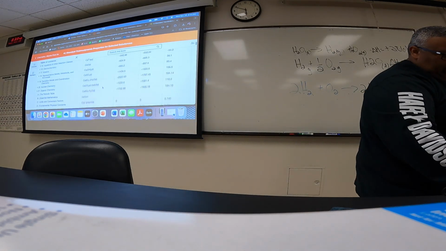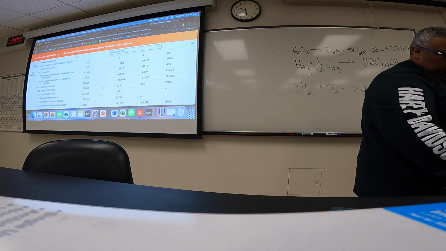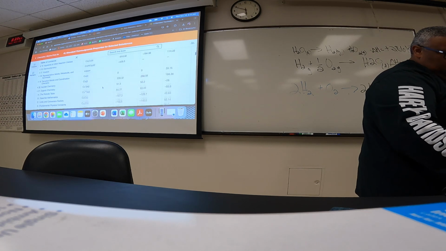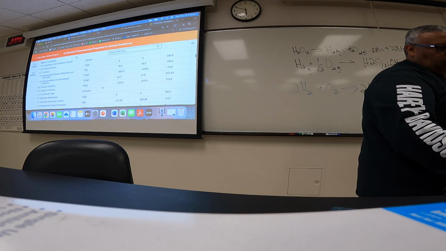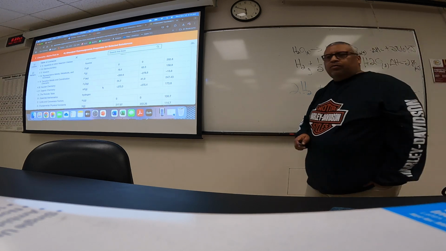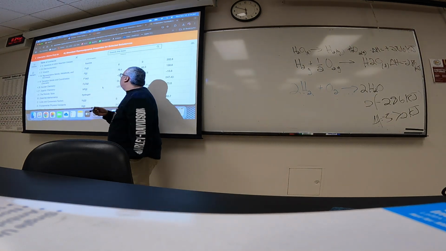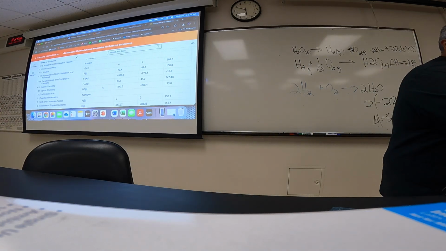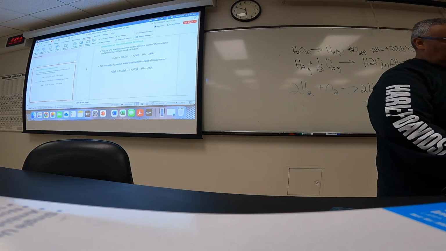What else could we look at? Give us water. There's a difference between aqueous fluoride and fluoride gas, so there are different values for that. We just have to pay attention when we're looking at those values and we're looking at enthalpy.